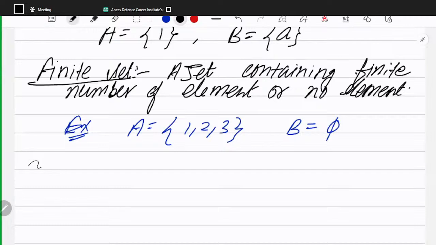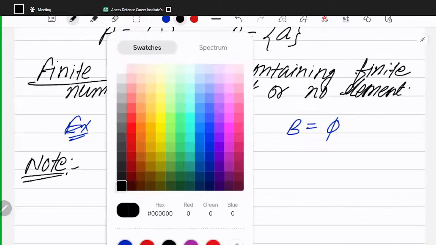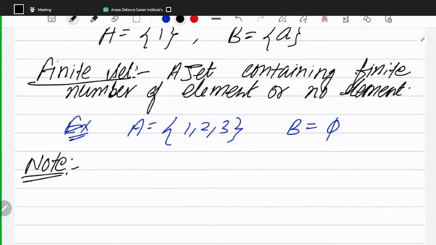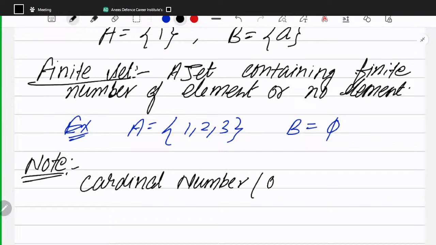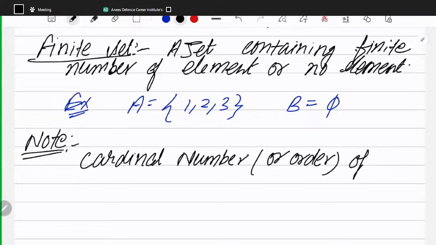Note. Write down an important note. Cardinal or order of a finite set.